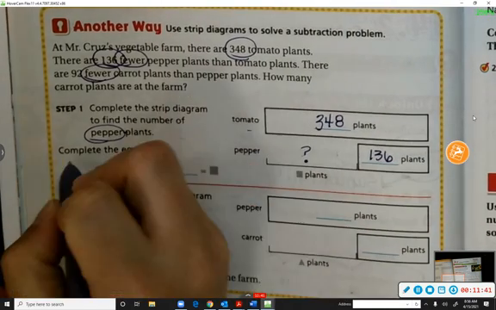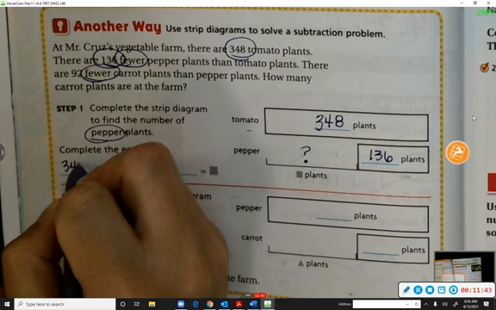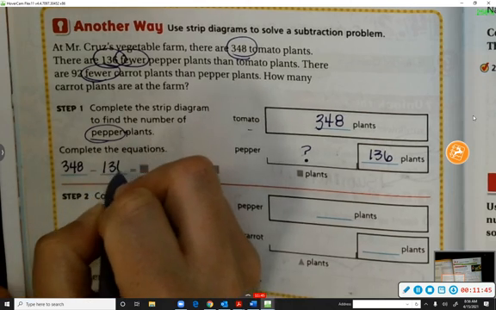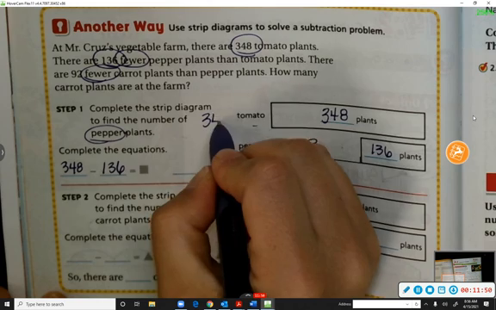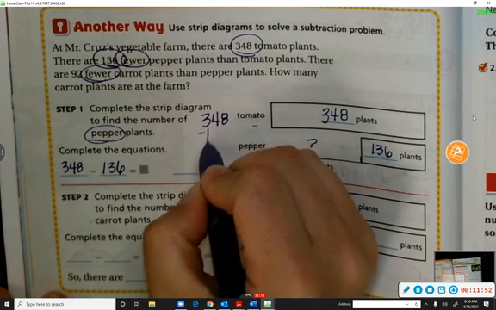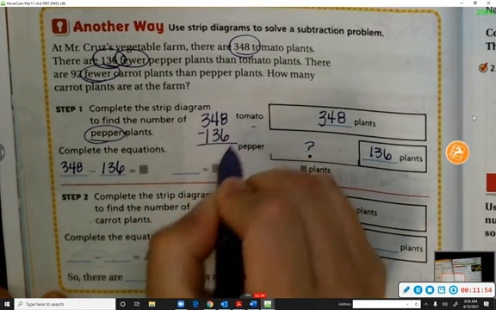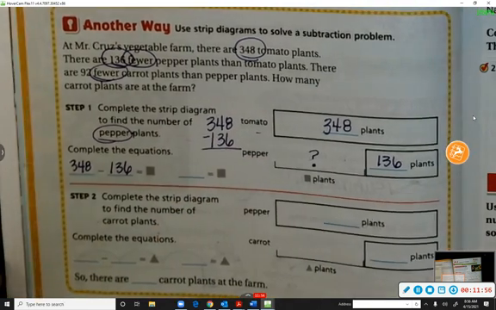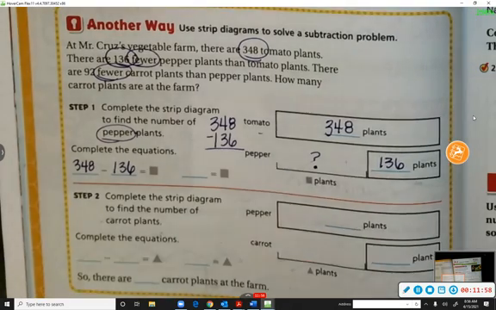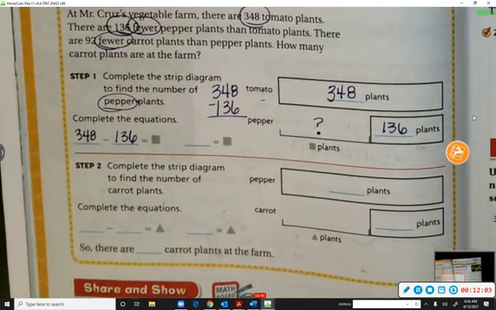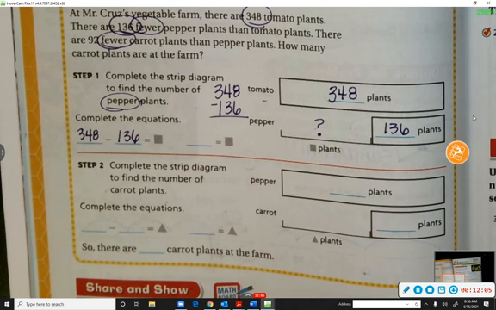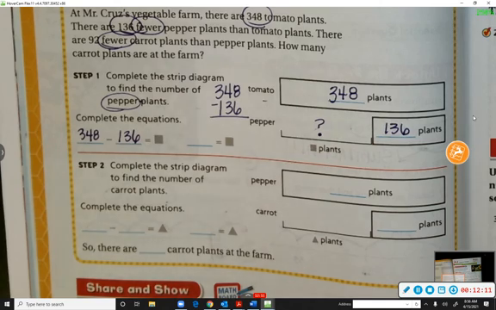Okay? 348 minus 136. Y'all can go ahead and subtract that out to the side, making sure you put the bigger number on top. What number goes on top? The bigger number. Some of y'all still make that mistake. Got it. Okay, what'd you get? 212. Good.